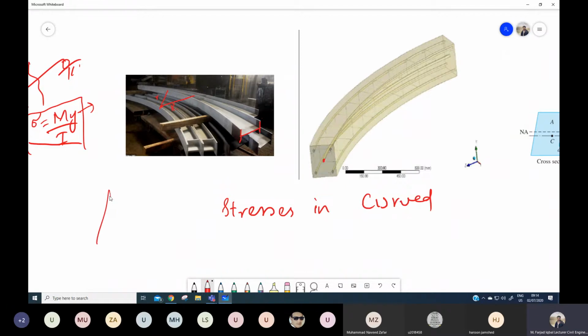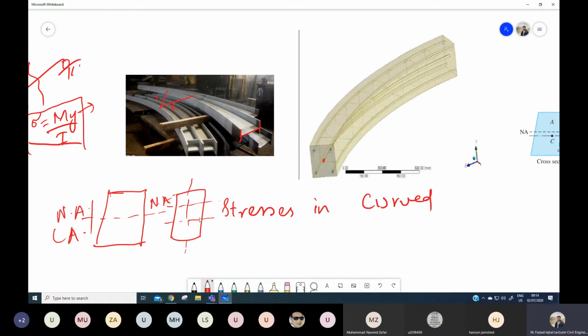In a straight beam with a rectangular cross section, the neutral axis coincides with the centroidal axis of the beam. But in the case of curved beams, the neutral axis may be above or below the centroidal axis. I will tell you the reason why it is above or below later, when we are done with the derivation.